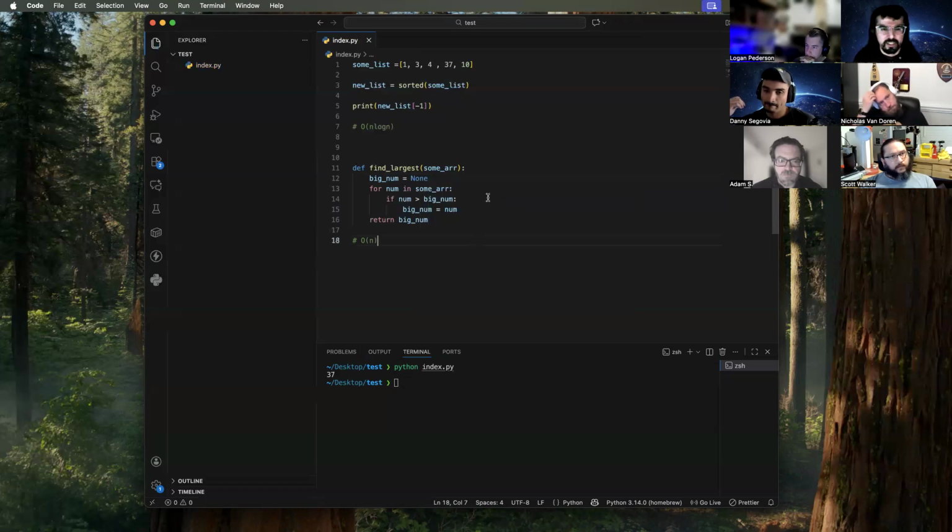What happens on iteration one if I do this? There's no comparison, right? Which line breaks and why? You're trying to compare two data types. There you go. Nice job, Logan. Line 14 breaks.